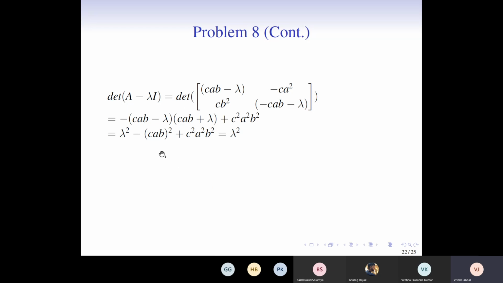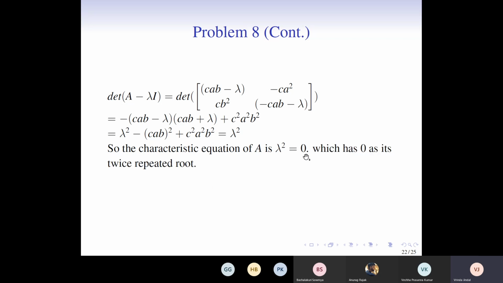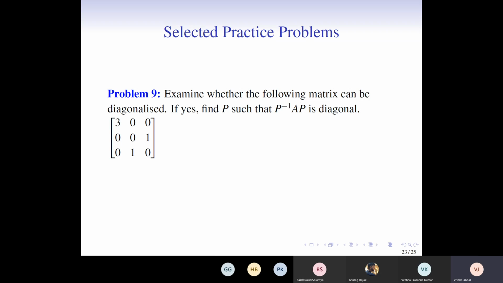So equating the characteristic polynomial to 0, lambda squared equal to 0, this gives us the eigenvalue 0, and the algebraic multiplicity is 2 because it is repeated twice. A 2 cross 2 matrix has only 2 eigenvalues and both of them are 0, so 0 is the only eigenvalue.